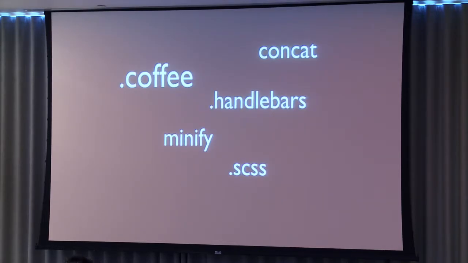So when you have a regular-sized app, what tends to happen is you have CoffeeScript files or something, some pre-compilation for your JavaScript, and templates, let's say Handlebars or something that you compile. And then you have a concatenator to concatenate all the JavaScript together into one big file.